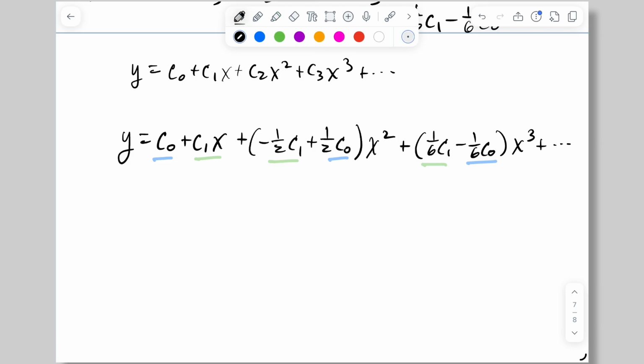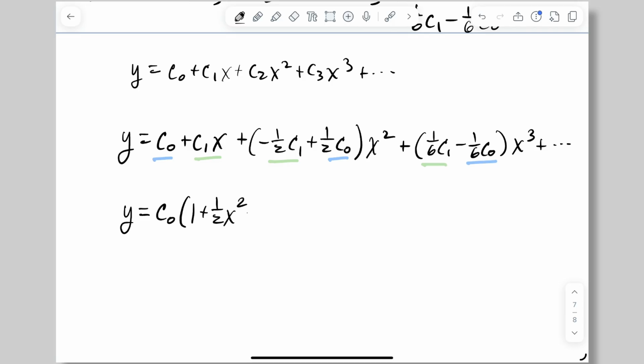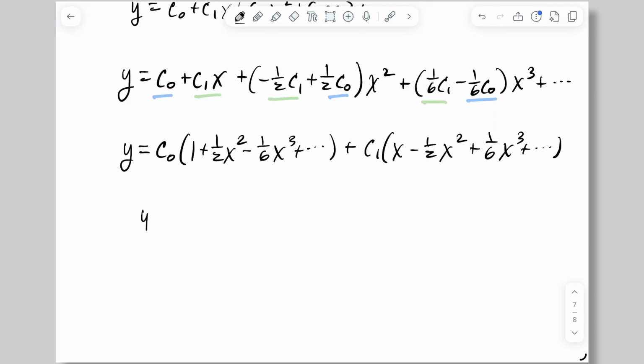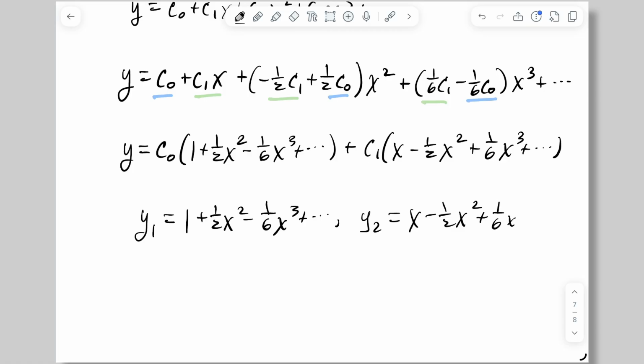I'll factor those constants out, and we'll get y is equal to c sub 0 times 1 plus 1/2 x squared minus 1/6 x cubed plus dot dot dot plus c1 times x minus 1/2 x squared plus 1/6 x cubed plus dot dot dot, giving us our 2 power series solutions. y1 is 1 plus 1/2 x squared minus 1/6 x cubed and so on. And y2 is equal to x minus 1/2 x squared plus 1/6 x cubed.